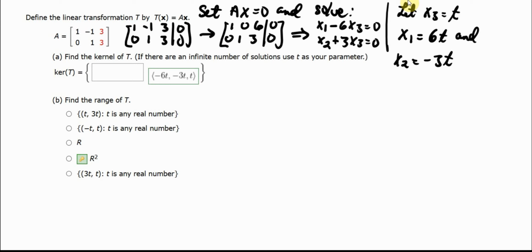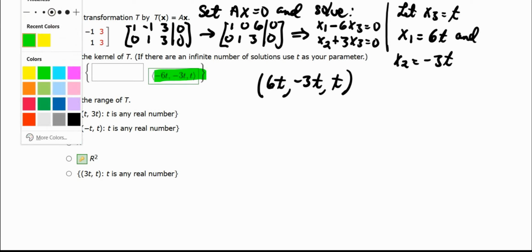So here, this kernel, the values that map into 0, would be the set that we just found. We got x sub 1 is 6t, x sub 2 is negative 3t, and then x sub 3 is t. And we get them there.